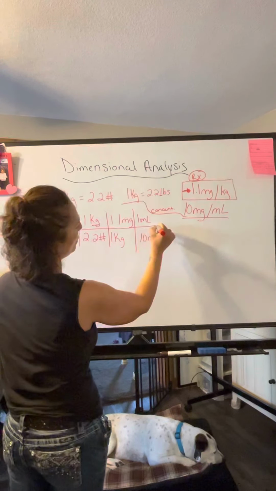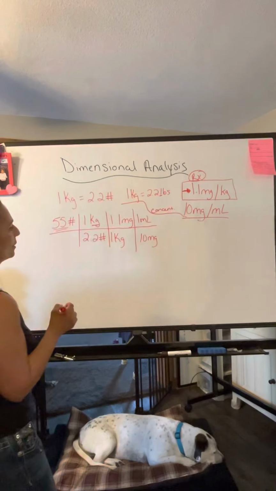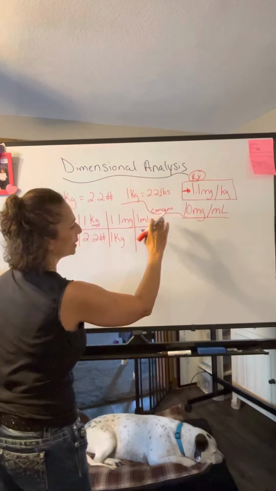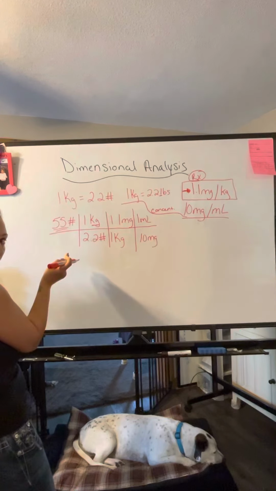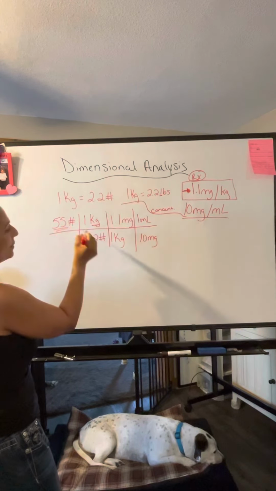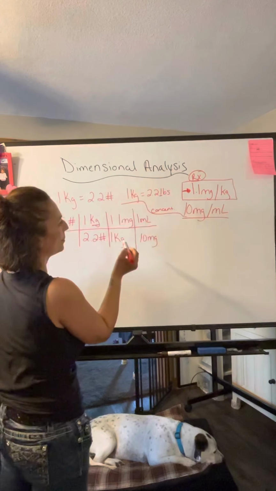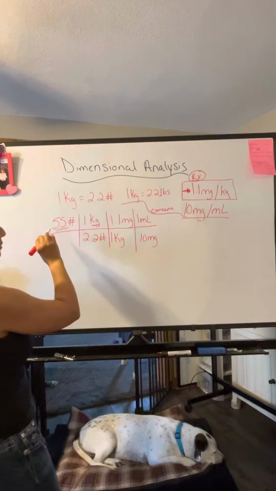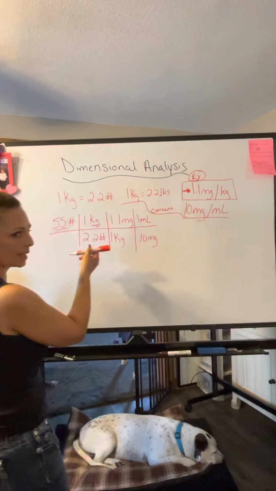Okay. Now we can take our calculator and we can just type in straight across multiplication and straight through the bottom division. You can also do 55 divided by 2.2, multiply 1 by 1, divided by 10, but it's just easier if you just go straight across and straight through the bottom.